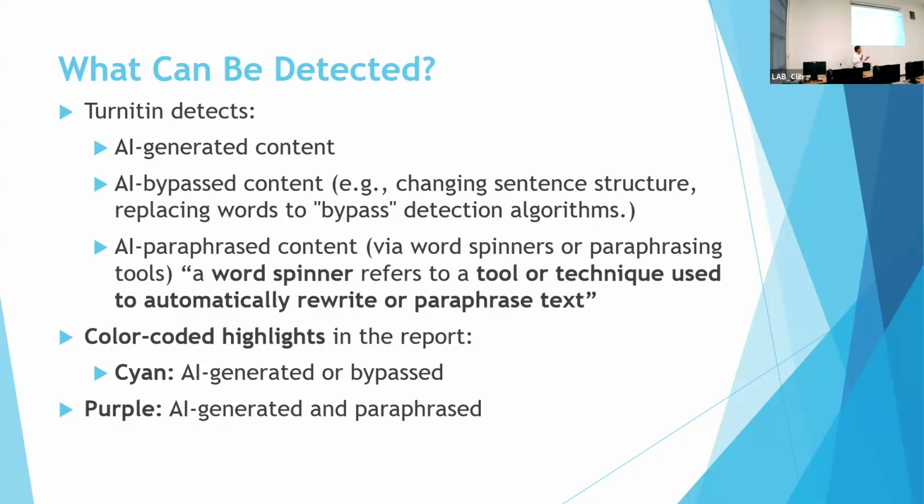We call it the bypasser. Suppose you send a text created by ChatGPT and use this one, it changes the sentence structure and maybe looks like the same meaning, but cannot be detected by the AI detection. So this one we call AI bypassers.